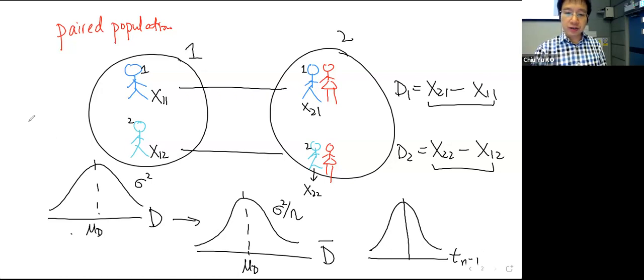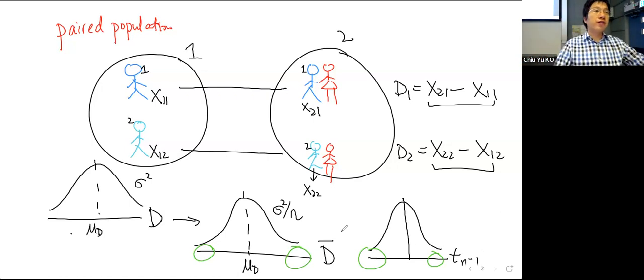If it's just too much or too small, then you reject. It's the same idea, there's nothing new, you just look at the difference. The difference is a new variable, for which we just use a one sample T test or Z test, depending on whether you know sigma or not.